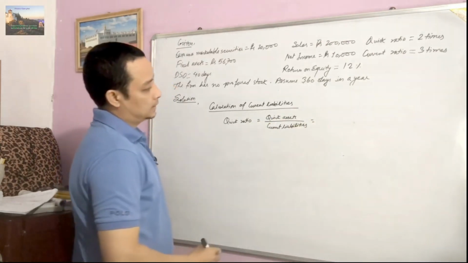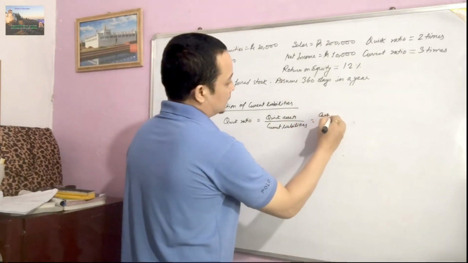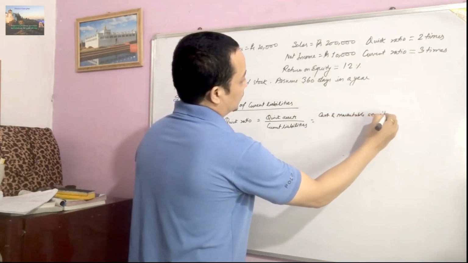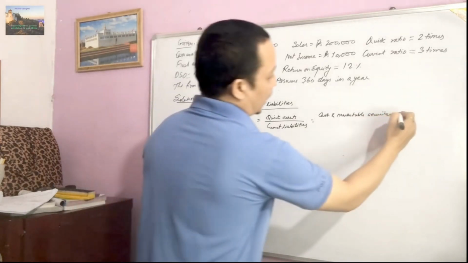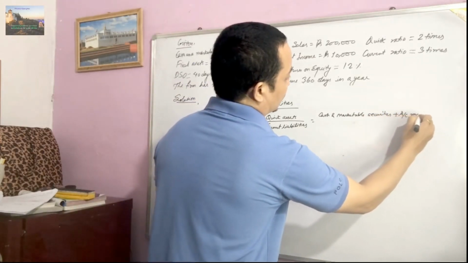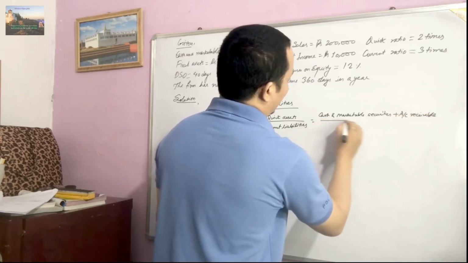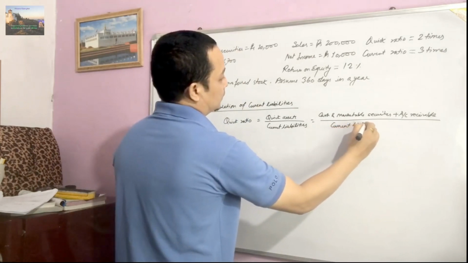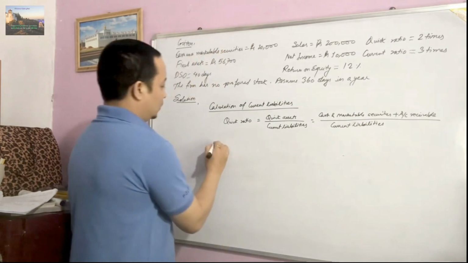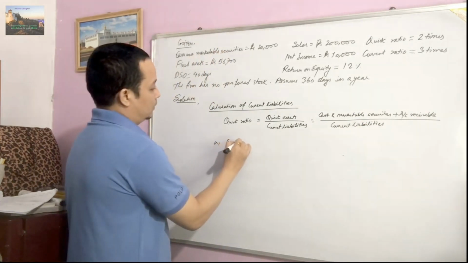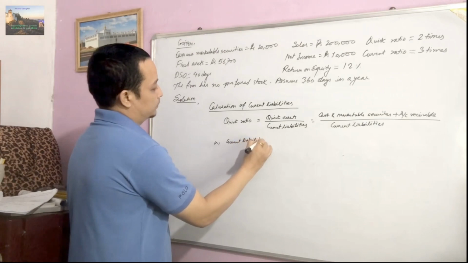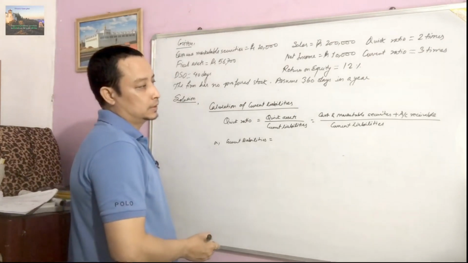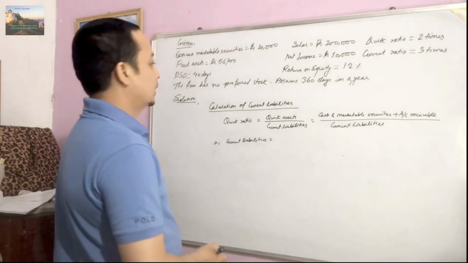Here quick asset means cash and marketable securities plus account receivable, upon current liabilities. You have to find current liabilities, or current liabilities equal to, now you can put the value of cash and marketable securities and account receivable, which you have already found.